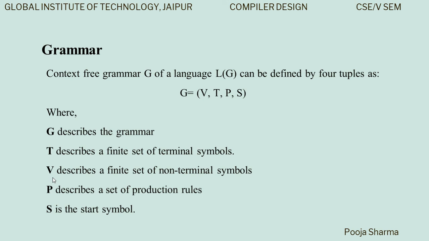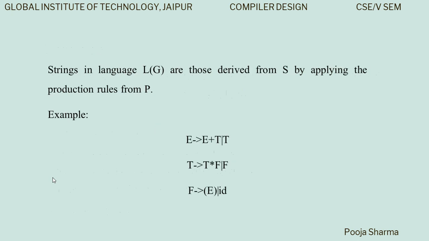Now we will take some example. This is a grammar. In this grammar, you can see that some symbols are non-terminals, like E, T, F, and some symbols are terminals, like plus, multiply, open parenthesis, close parenthesis, id, and so on.